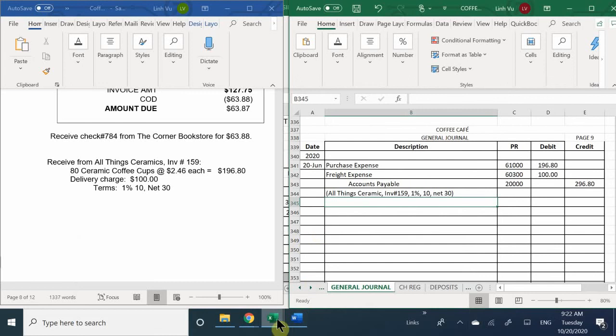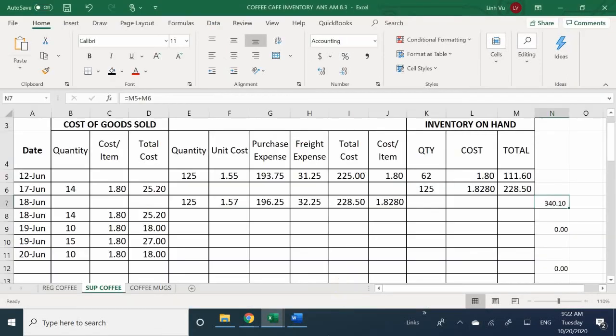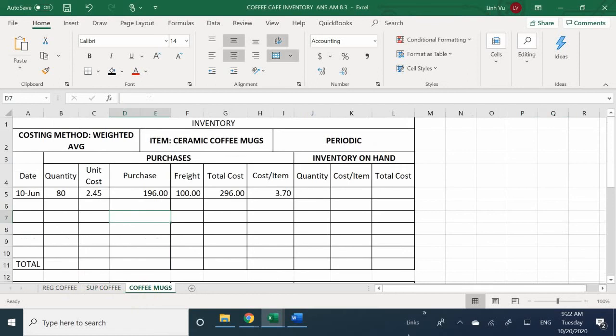Now let's go to the inventory worksheet. Okay. How do I fill this out?